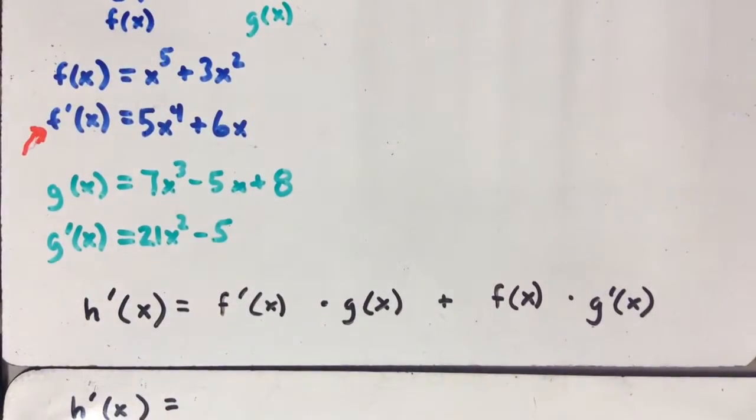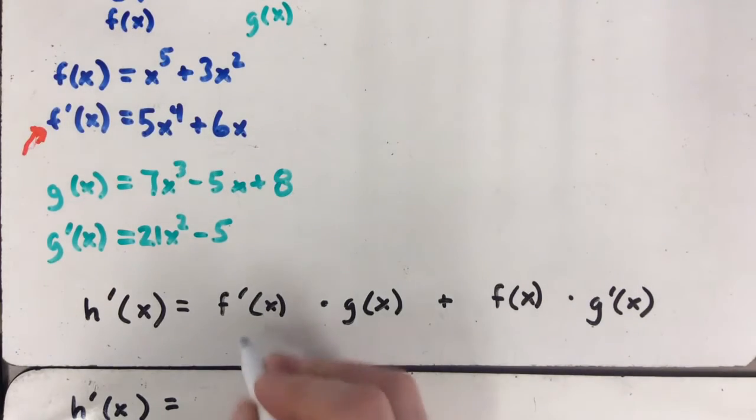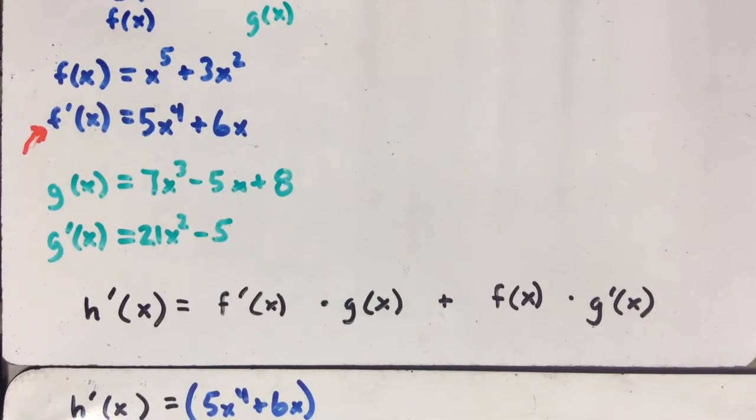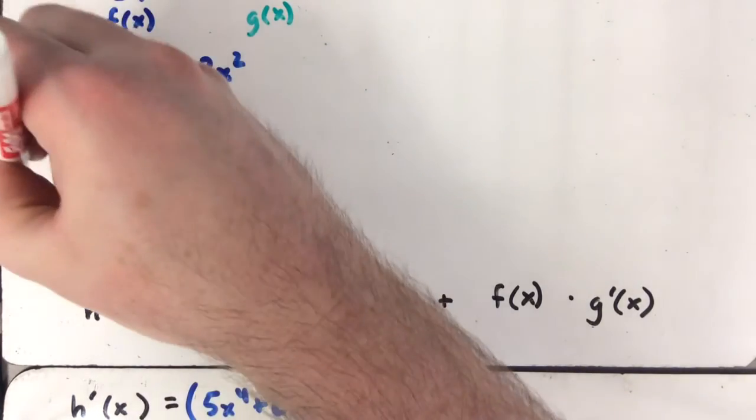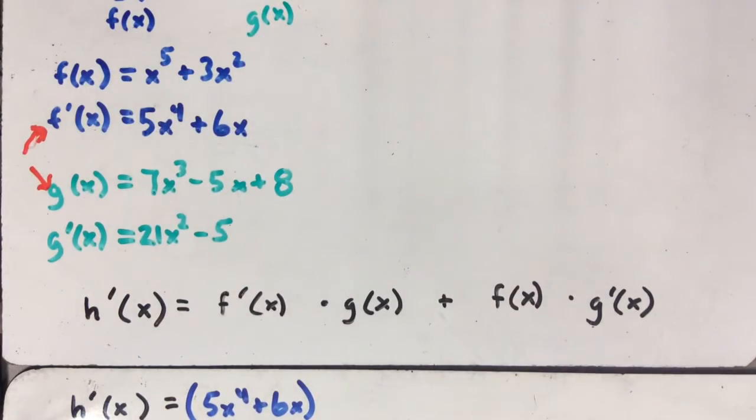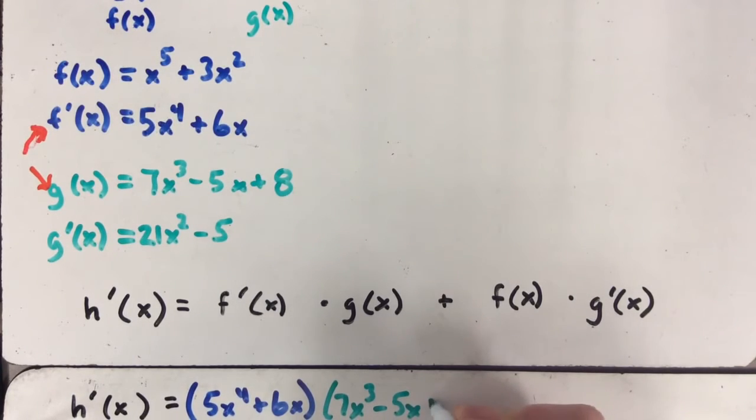All right, that's f prime of x, or at least my attempt to draw a little red arrow next to it. F prime of x is 5x to the 4th plus 6x. Next, we have times g of x, and g of x is right here. So let me copy that one down. So it is times g of x, which is 7x cubed minus 5x plus 8.